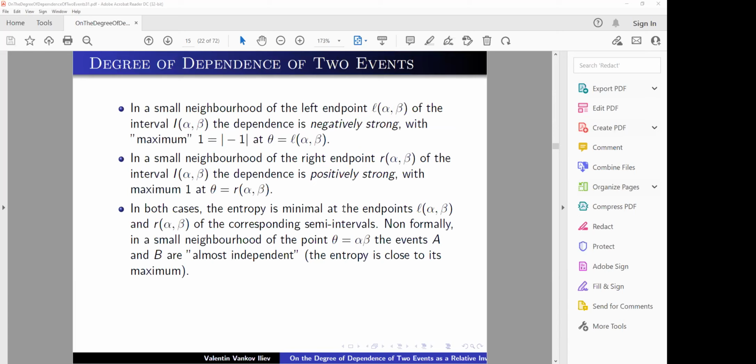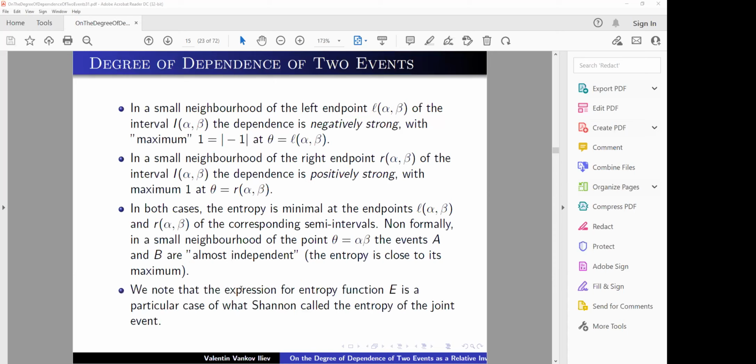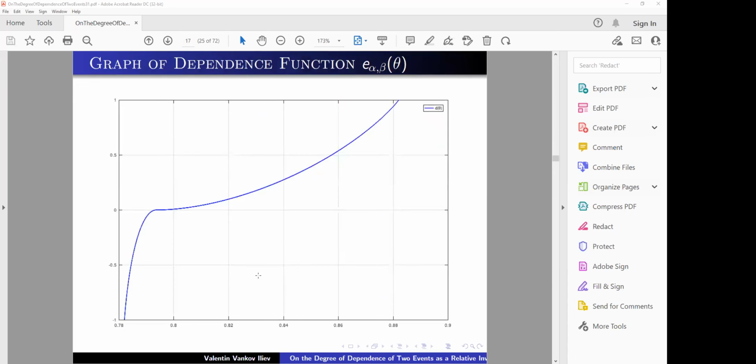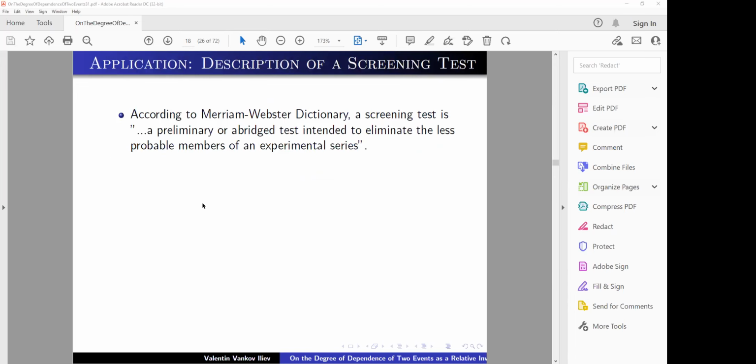In a small neighborhood of the product alpha beta, the events A and B are almost independent. The entropy is close to its maximum. So this expression of the entropy function is a particular case of what Shannon called the entropy of the joint event. Here are the graphs, we discussed them. And now I'd like to remind you of some applications.